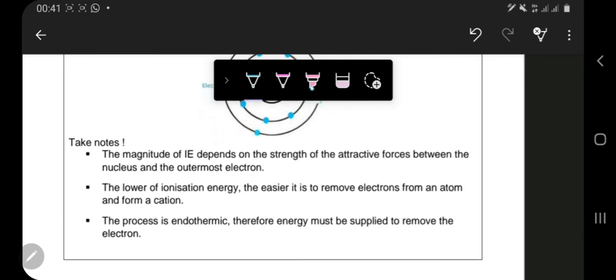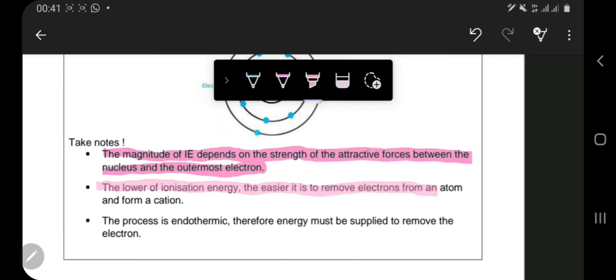Okay, so please take notes. The magnitude of ionization energy depends on the strength of attractive force between the nucleus and the outermost electron. Which means the stronger the attraction from the nucleus to the valence electron, the more energy needed to remove that electron. The lower the ionization energy, the easier it is to remove an electron from an atom and form a cation.